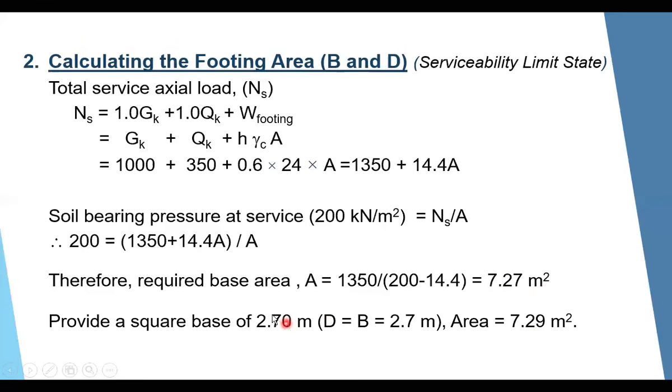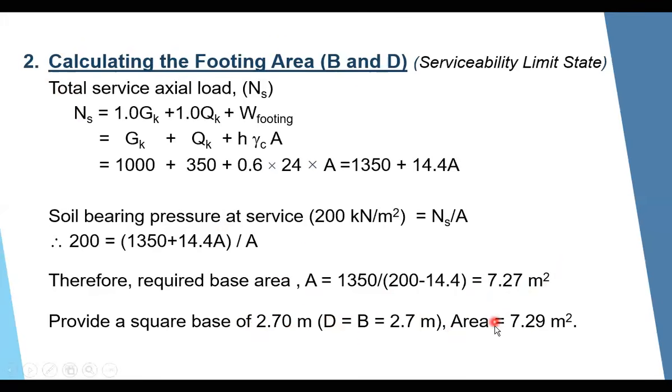Okay. How we got this 2.7 again? You got the square root of this value, so it will give you 2.69. Okay, we round it to 2.7, or we can do it 2.75. It's okay. Always be on the conservative side, to be on the safe side and to have some factor of safety. So the second step here, we calculated the area of the footing.